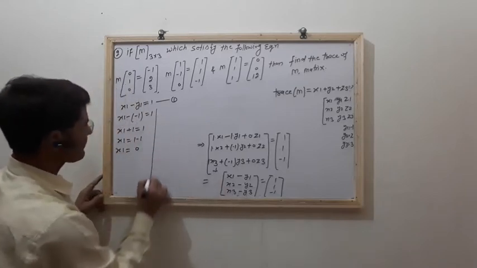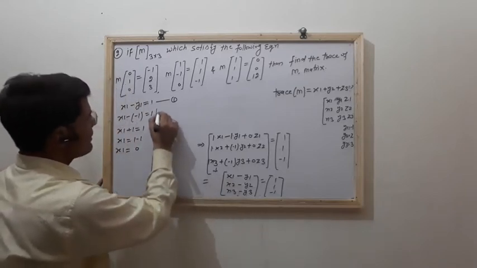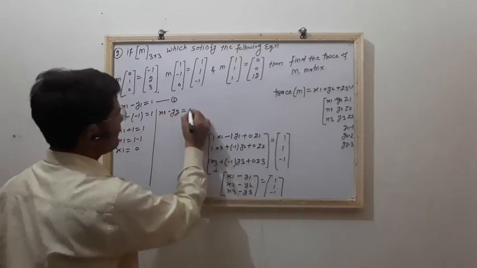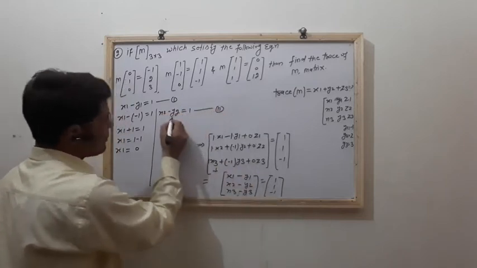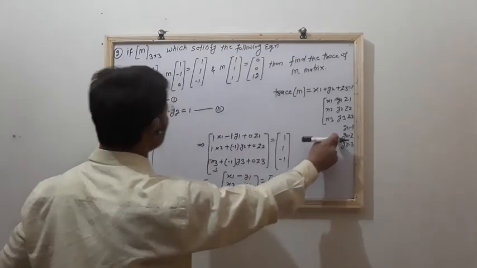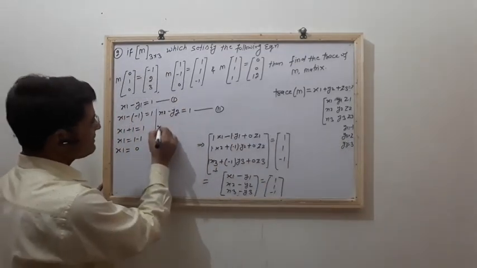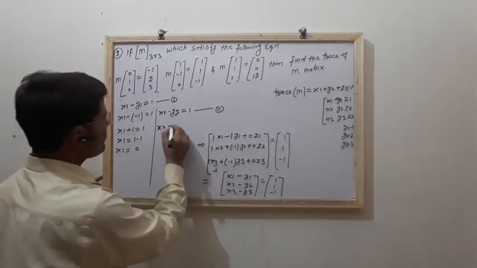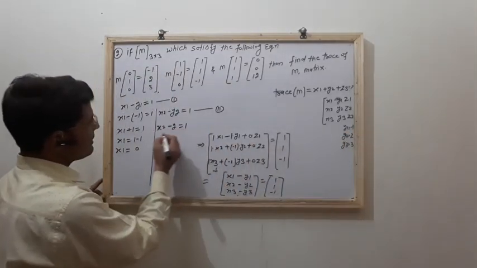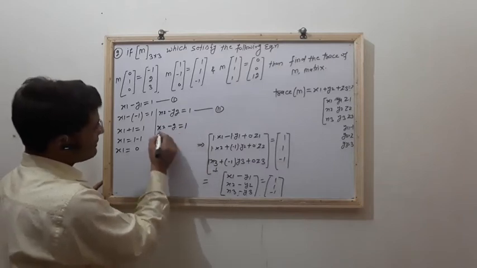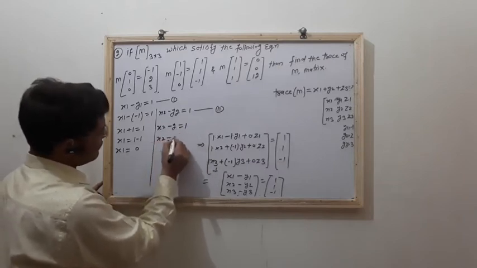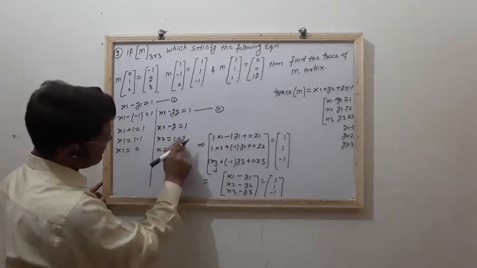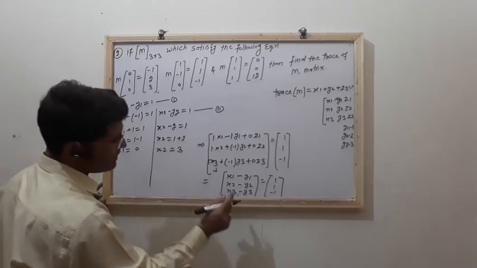Similarly, x2 minus y2 is equal to 1. Equation number 2, putting the value of y2 which is equal to 2, means that x2 minus 2 is equal to 1. By solving this equation, x2 is equal to 1 plus 2, so that x2 is equal to 3.